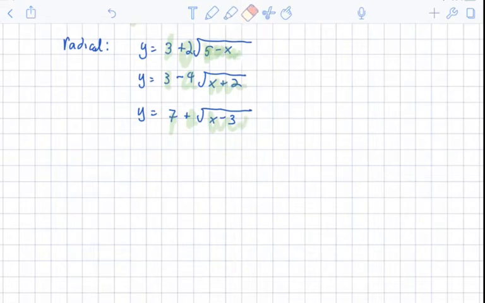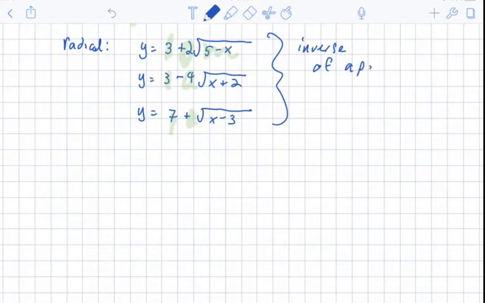So the deal here is that each and every radical you can draw is actually part of the inverse of a parabola. I want to emphasize the connection between the algebra that I've taught you to do and graphing the thing to understand what's going on, just because it's pretty fun.